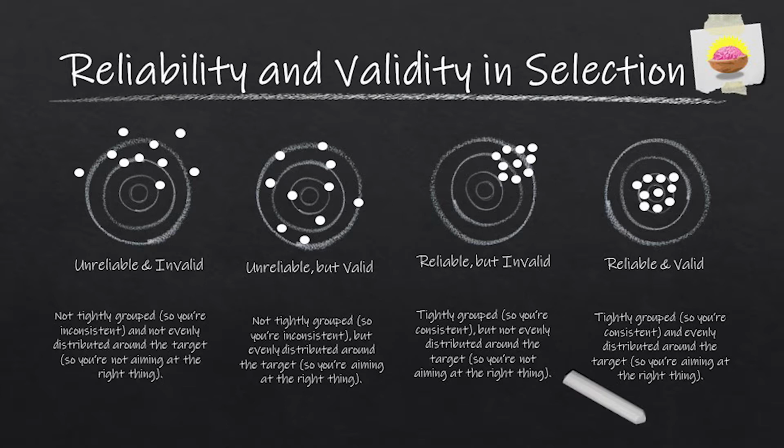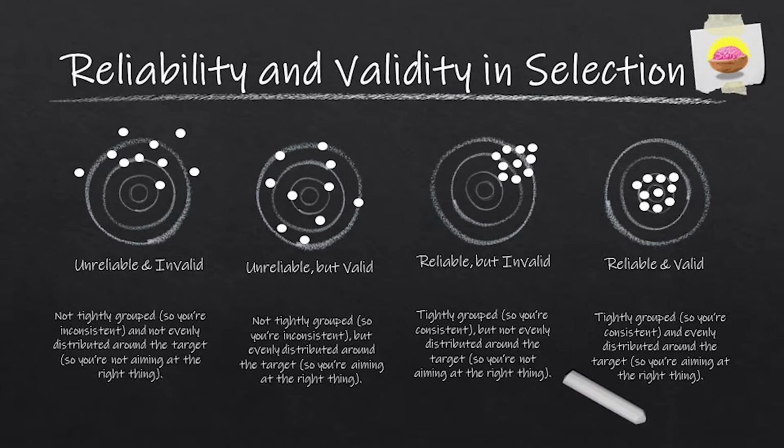This means that if we were shooting at a target, for example, our shots are not tightly grouped, so we're inconsistent, and we're not evenly distributed around the bullseye of the target, meaning we're not even aiming at the right thing. On the other hand, let's say that we're unreliable but valid. That means that we're not tightly grouped, so we're inconsistent, but we're evenly distributed around the bullseye of the target, so at least we're aiming at the right thing.